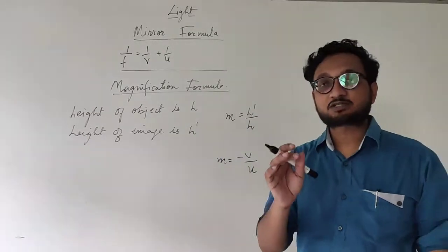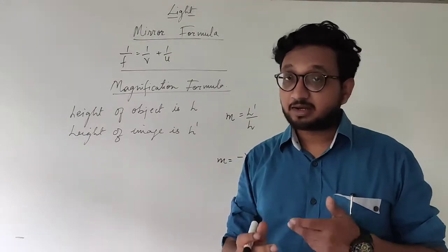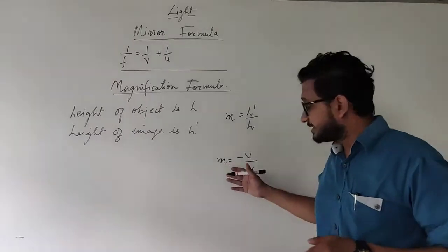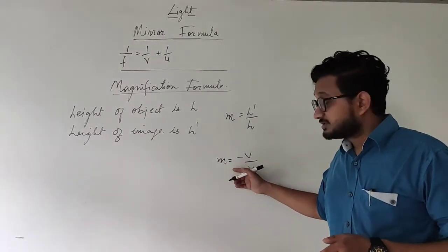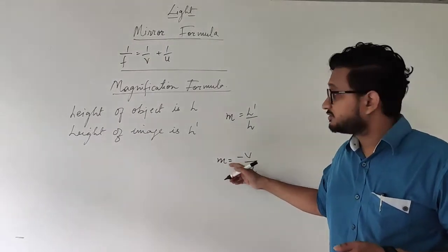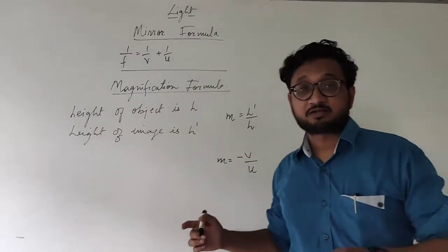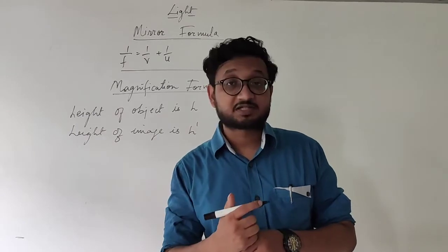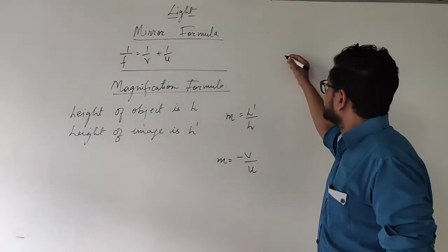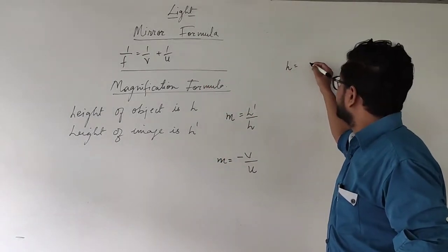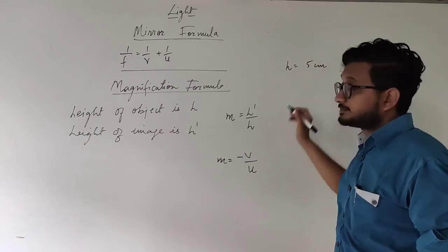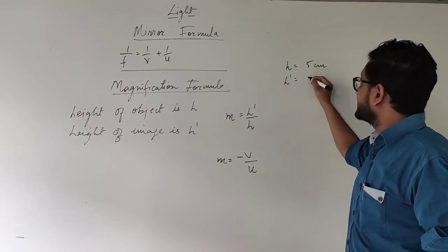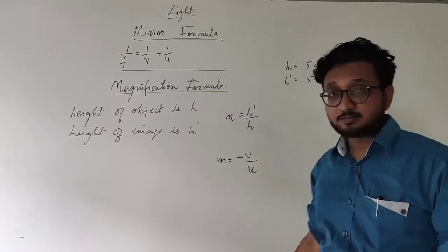Okay, so if you are supposed to find whether the object will be enlarged or not, then this formula can also be used without the values of height given. Okay, so let's say that the height of the object and image is the same. Let's say the height of the object is given as 5 centimeters, and somehow you are getting the height of the image as 5 centimeters as well.